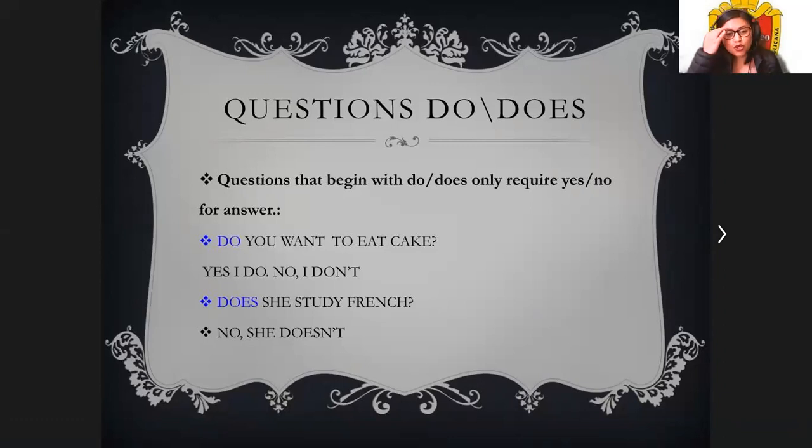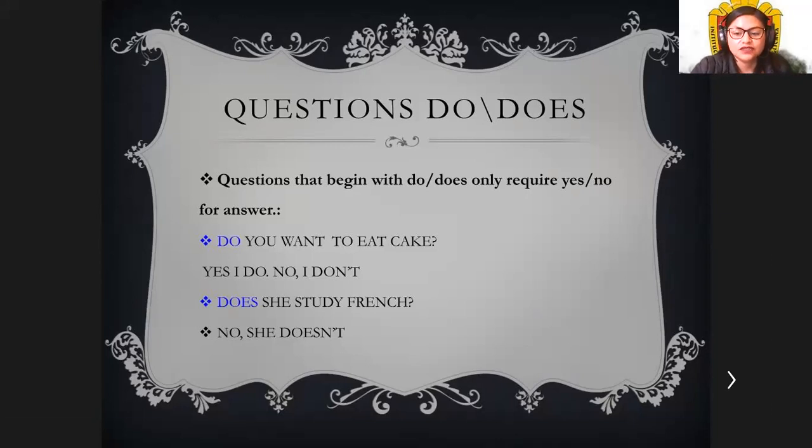Observe el ejemplo. Do you want to eat cake? Yes, I do. O también podría decir, no, I don't. Otra pregunta, pero ahora con el auxiliar does. Does she study French? No, she doesn't. O también podría decir, yes, she does.